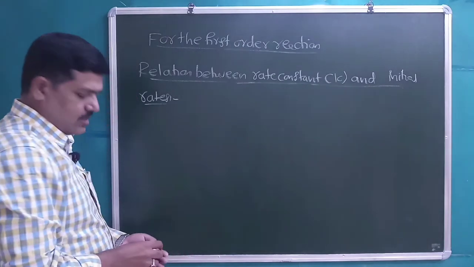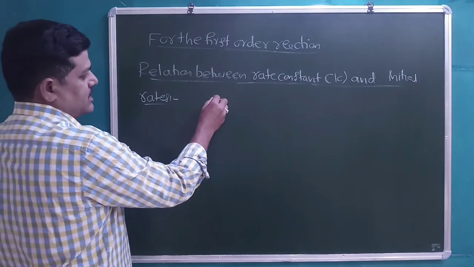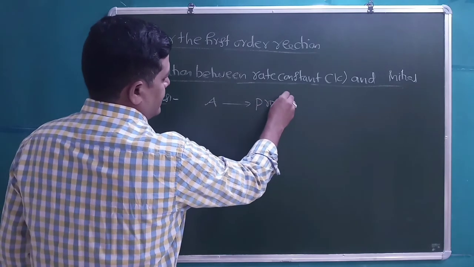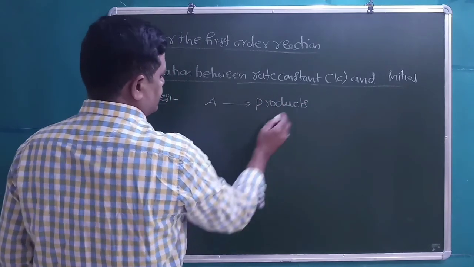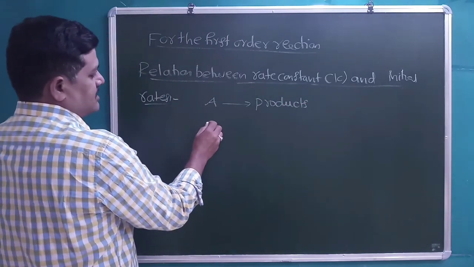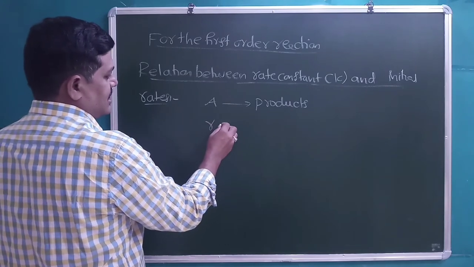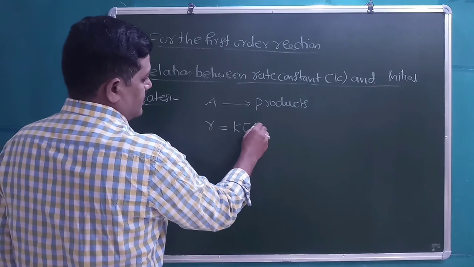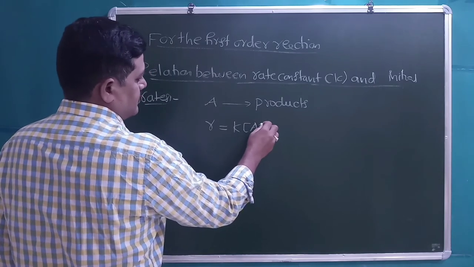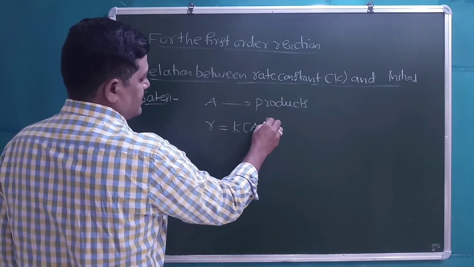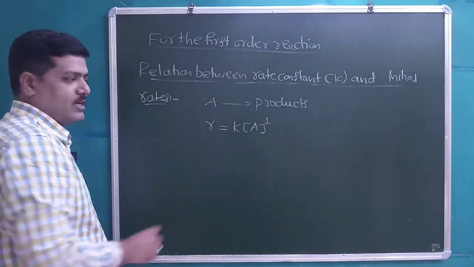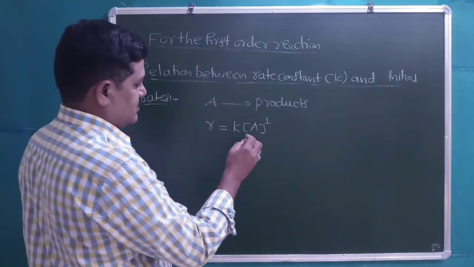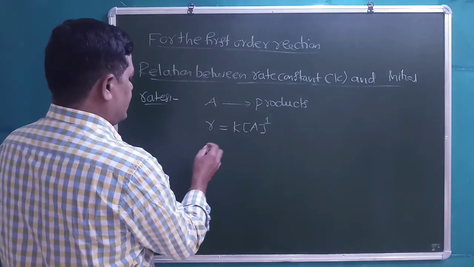Students, for example, we will take a hypothetical reaction, A gives rise to products. Then the rate expression we can write, it is a first order reaction, so R is equal to K into the concentration of A raised to the power of 1, because it is a first order reaction.